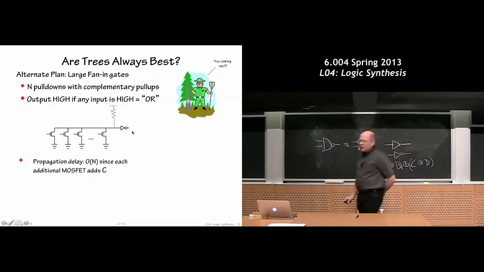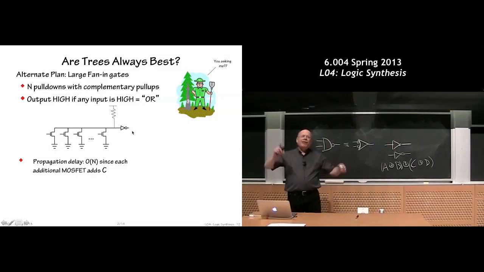Okay, so the question is, when do we stop building really wide fan-in gates, either using this tricky technique of getting rid of the pull-up circuit and only putting in the pull-down circuit, which is a static logic with some static power dissipation, or just using more and more FETs? And when do we go and just build a tree of 2-input gates?